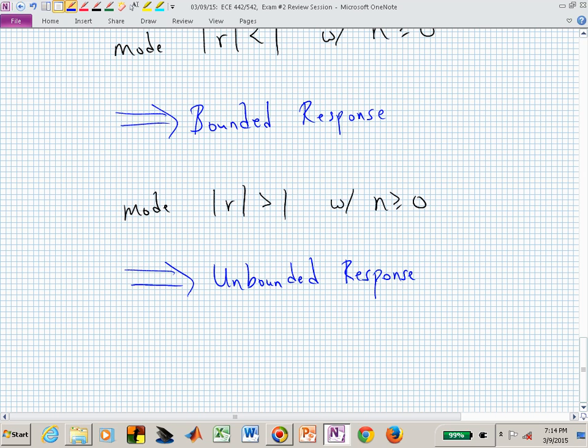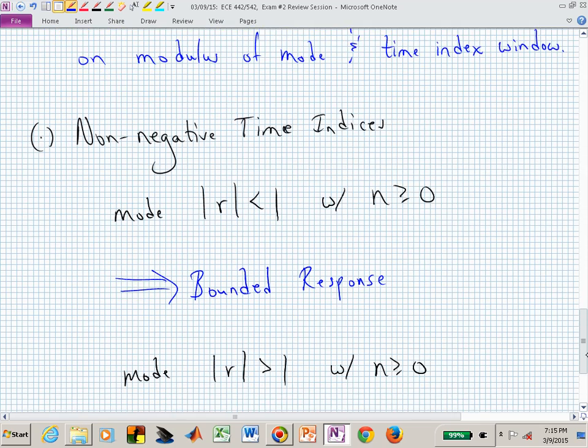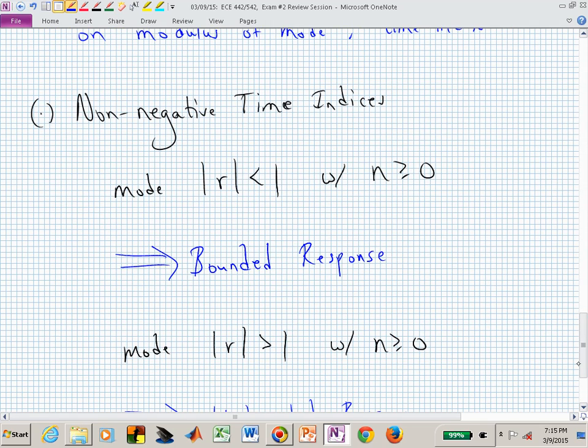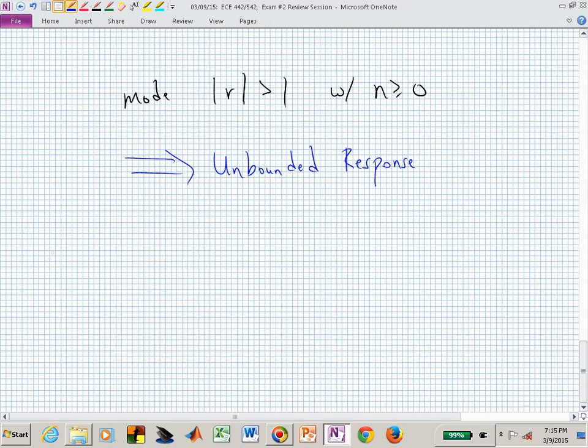Let me look carefully at the other case. This was for non-negative time indices. If we had negative time indices, or left-sided sequences, now you should already see the region of convergence.